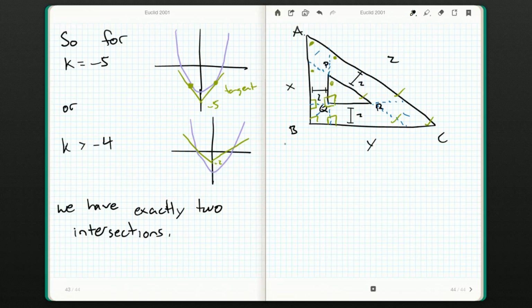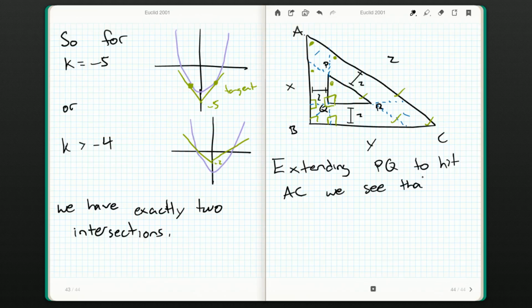So let's write that down. Since PQ is parallel to AC, we'll extend PQ to hit AC at D, I guess. Then angle CAB is equal to angle CDQ.